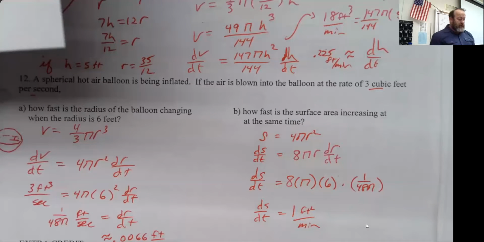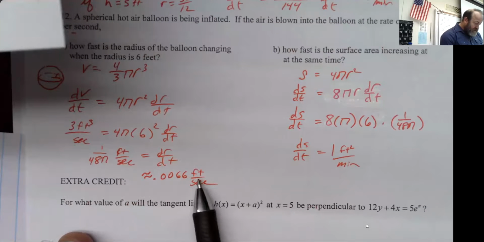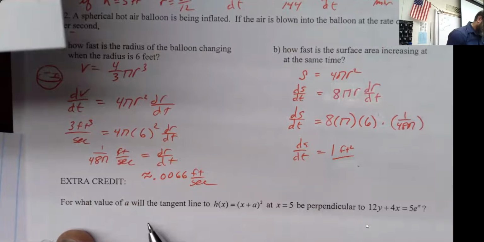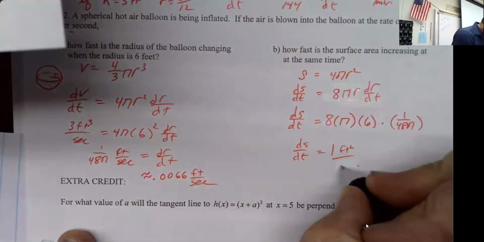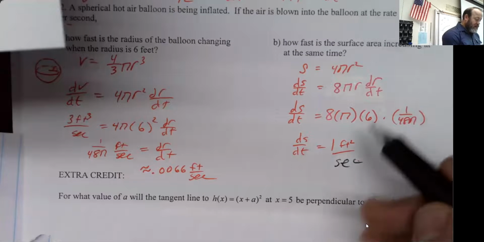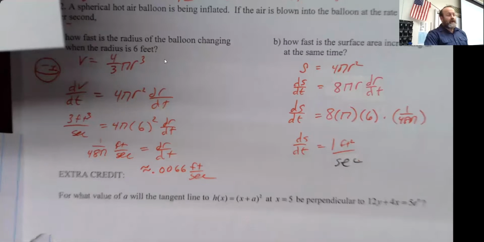And please notice that the units on this one would be foot per second, and this one would be foot per second as well. But this is area, so surface area would be foot squared per second. And so that's going to kind of finish up that video on all of those pieces.